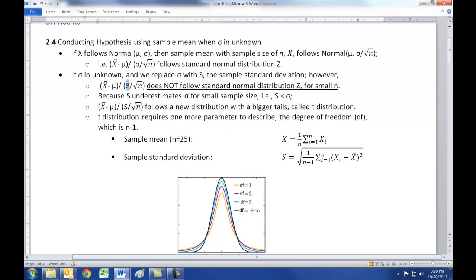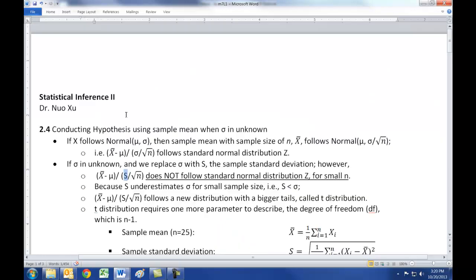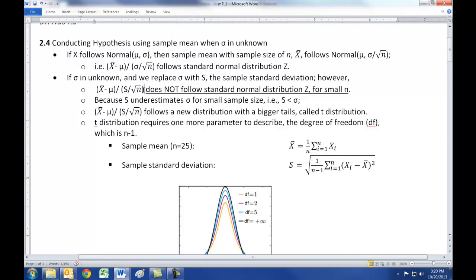So if S is smaller than the true value, which is sigma, then because the denominator is smaller, it means this quantity, the ratio, will be greater than its true value. And as a result, the whole density function will be more spread out than the standard normal distribution.